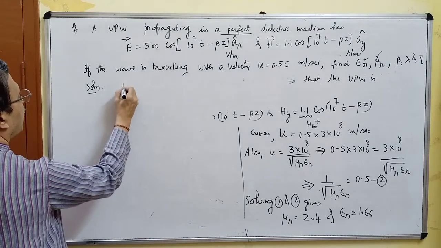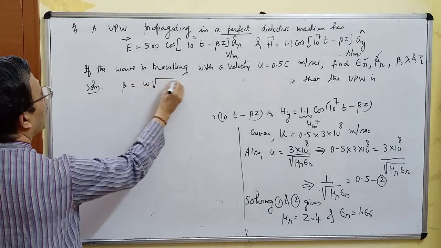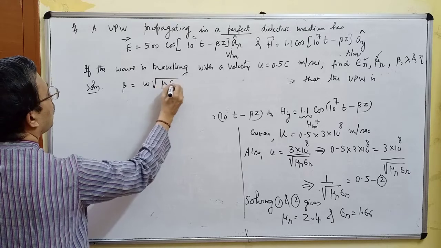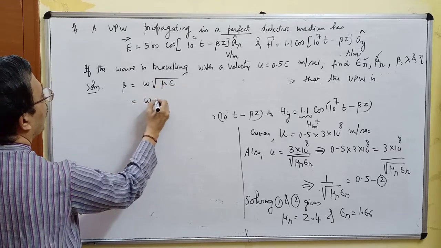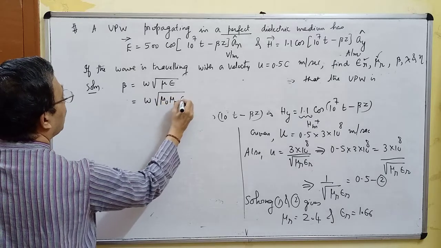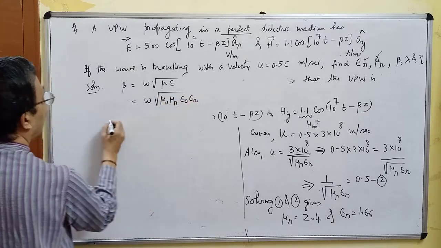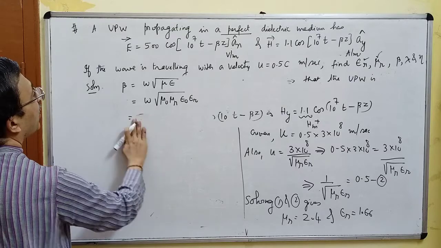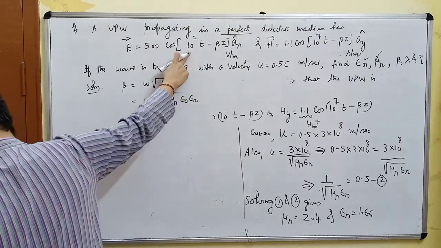What is the expression for beta? Beta is equal to omega into root of mu epsilon. What is mu? Mu naught into mu r. What is epsilon? Epsilon naught into epsilon r. What is omega here? Omega is 10 to the power 7.